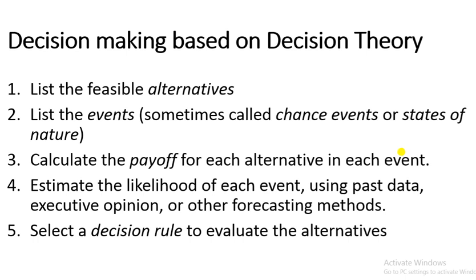The second step he is talking about is to list the events. And as you can see in the slides, sometimes they are called the chance events or the states of nature. It means that in the decision theory process, the manager should consider all those events which are in his control, but there are also some events which are not under the manager's control.